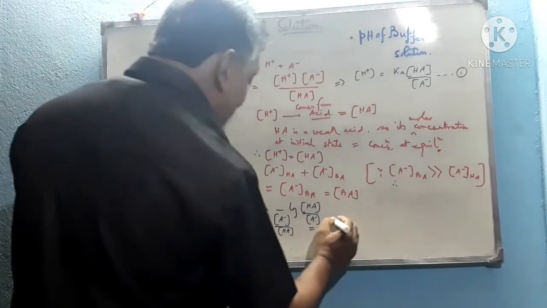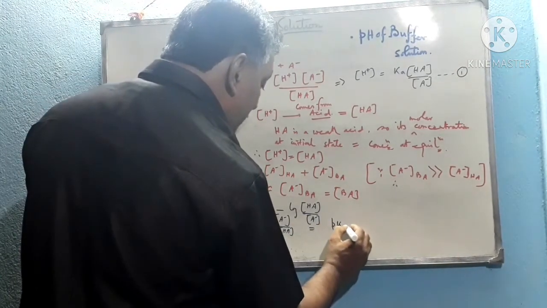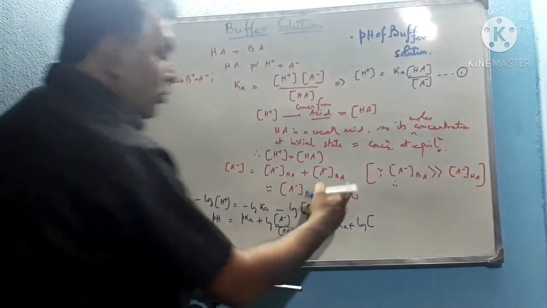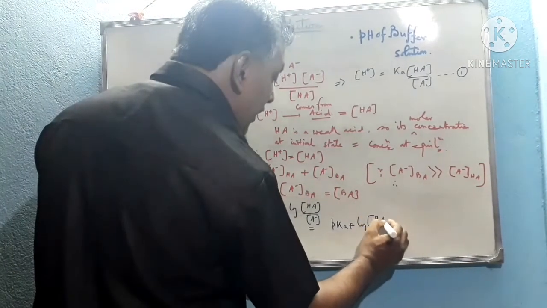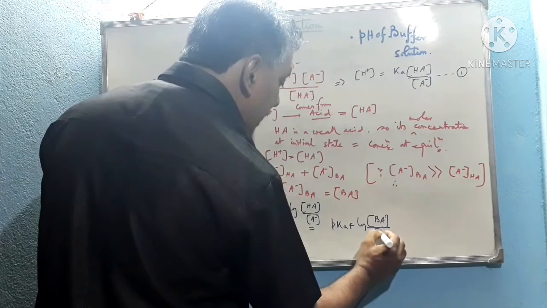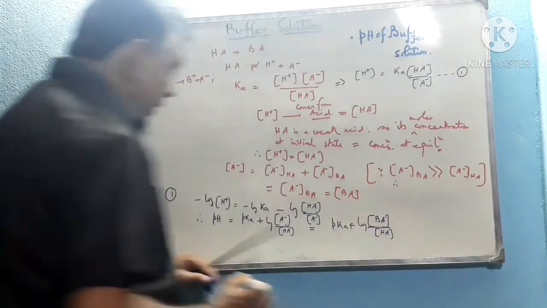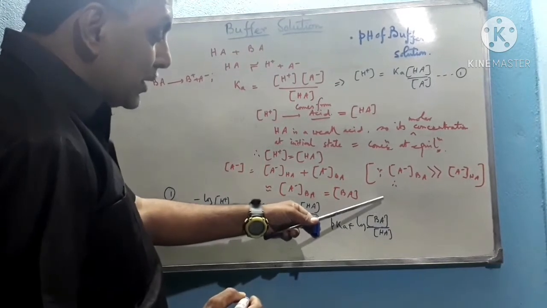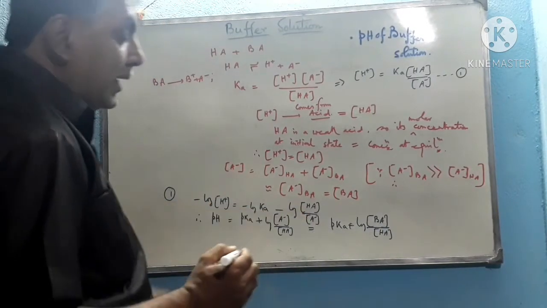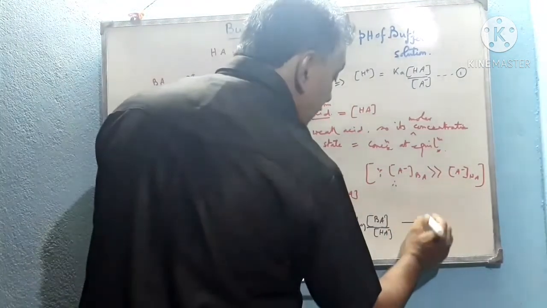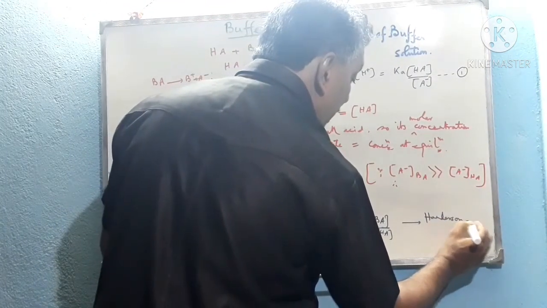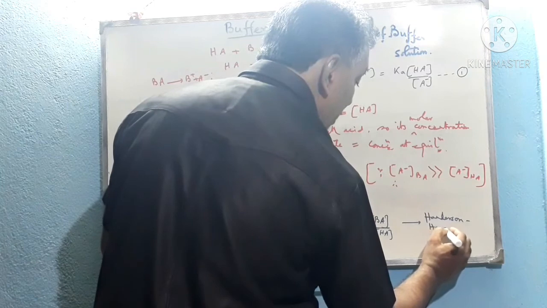This can be written as pKa plus log of the concentration of A minus, equal to the concentration of salt BA, divided by HA. That means pH equals pKa plus log of the concentration of salt by the concentration of acid. This is the Henderson-Hasselbalch equation.